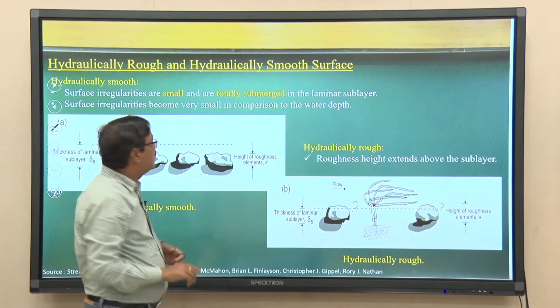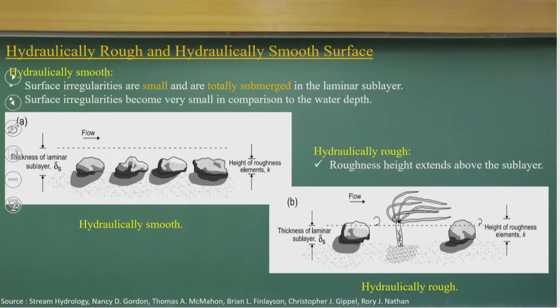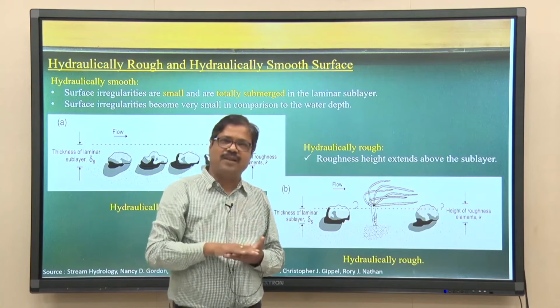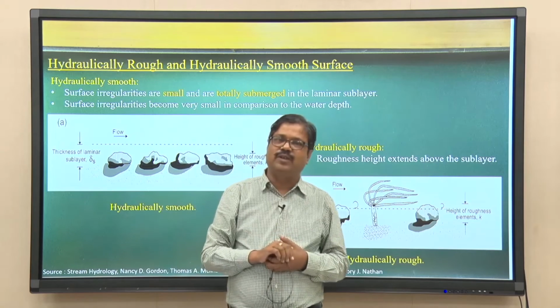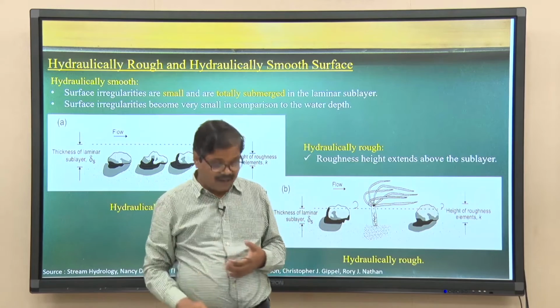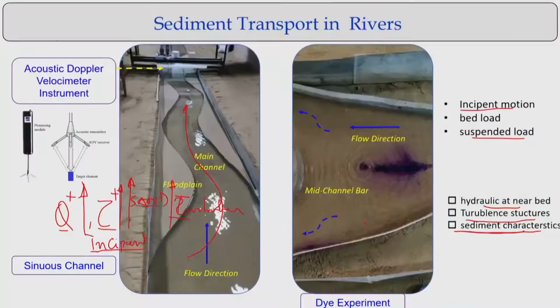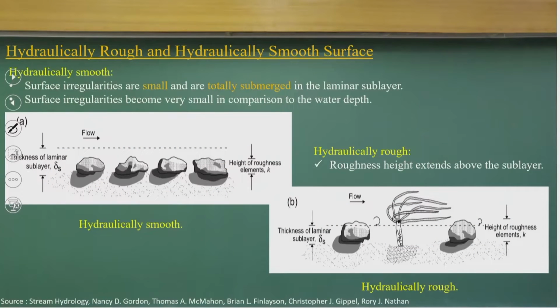We talk about the hydraulically smooth case, because when a flow passes over a surface, you will have a laminar sublayer, a transition layer, and the turbulent boundary layer. If the height of roughness is k, which we can represent in terms of D50 or D85 of the bed materials, and the thickness of the laminar sublayer is larger than the roughness height k, then we call it a hydraulically smooth layer.